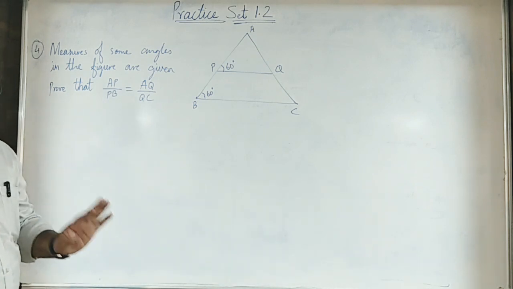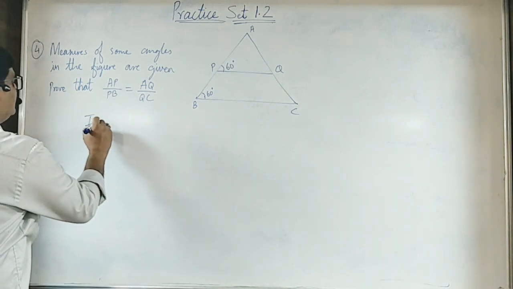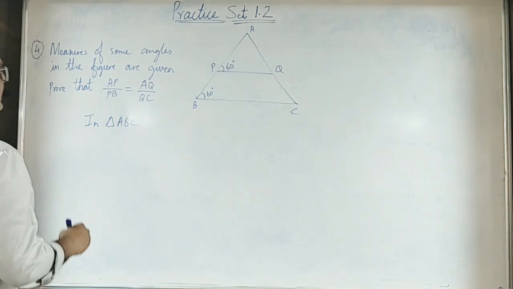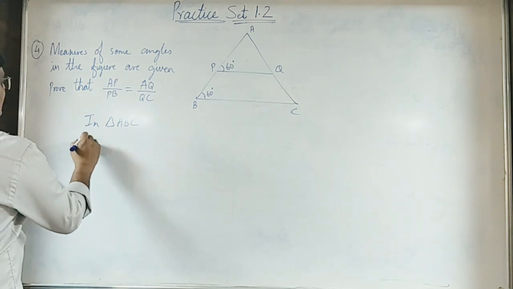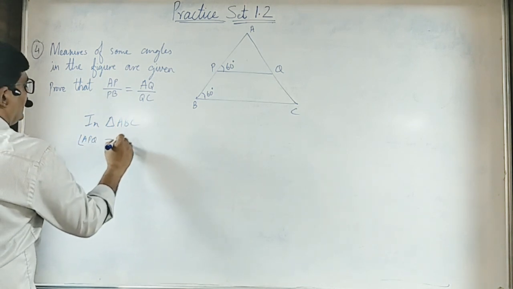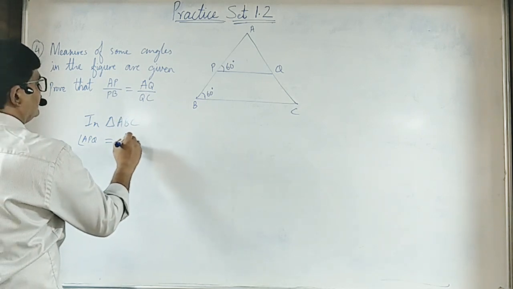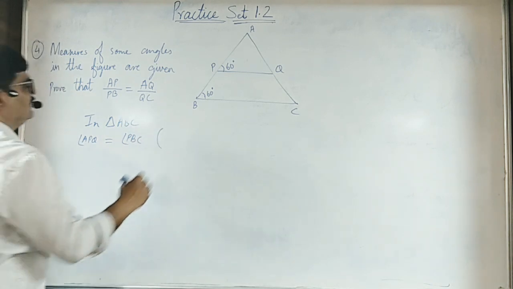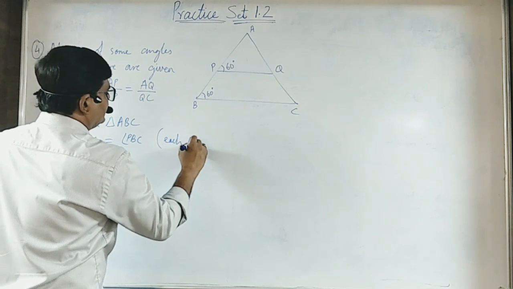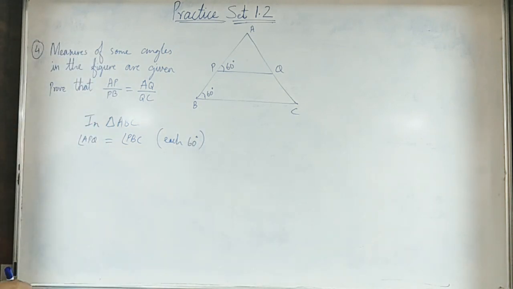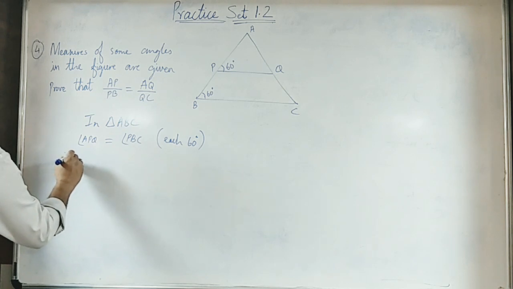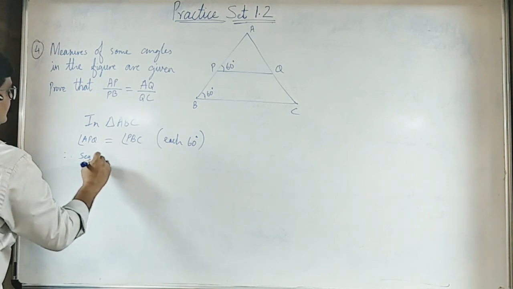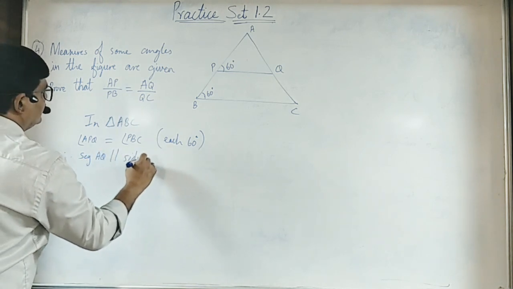First of all, it's very simple how to write it. In triangle ABC, angle APQ is equal to angle PBC, and you have to write the reason: they are each 60 degrees. Now, if these two angles are congruent, can I say that segment PQ is parallel to side BC?